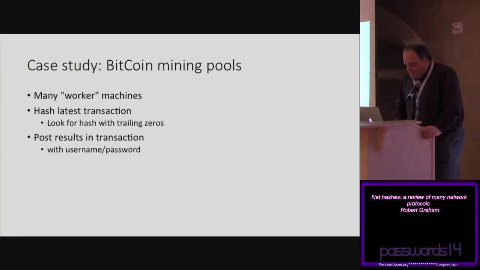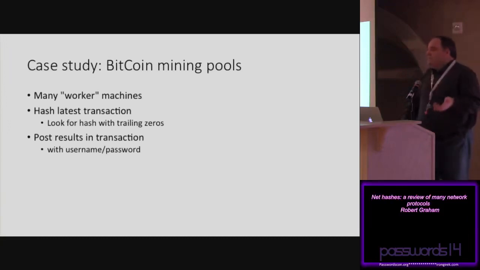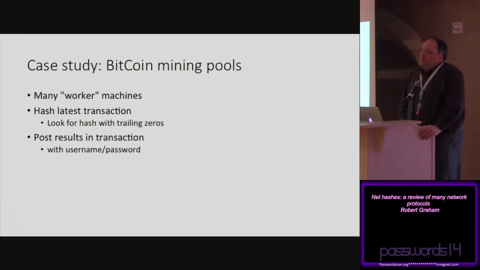And I need to post my latest results back to a mining pool. These days, people don't mine Bitcoins themselves. Instead, they work with a pool that takes the collective effort of everyone together and then presents that as Bitcoin mining. That's because if you were to mine by yourself, it would take you 1,000 years to get one Bitcoin. So instead, you work with 12,000 people, and then it takes you only a month to get a partial Bitcoin.